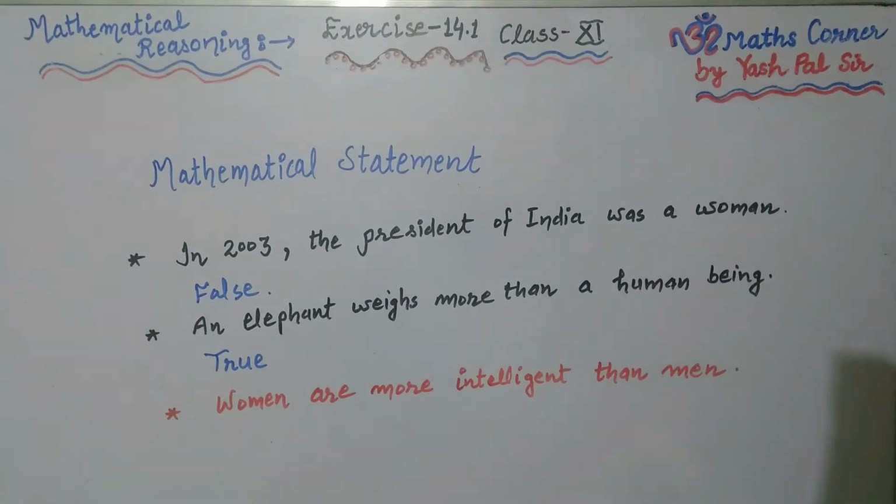This sentence is ambiguous, right? Such a sentence is not acceptable as a statement in mathematics, because it is creating confusion.